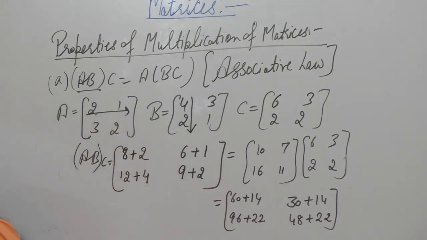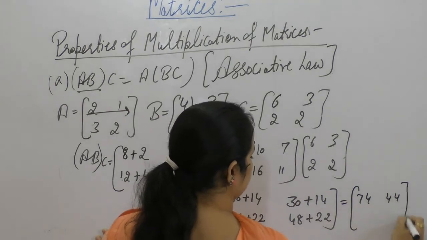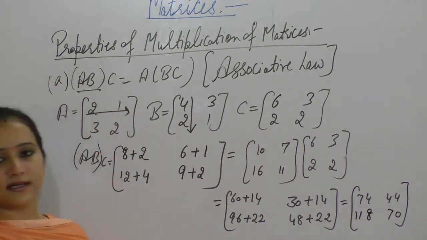So what we get? AB into C is 74, 70 and 180.